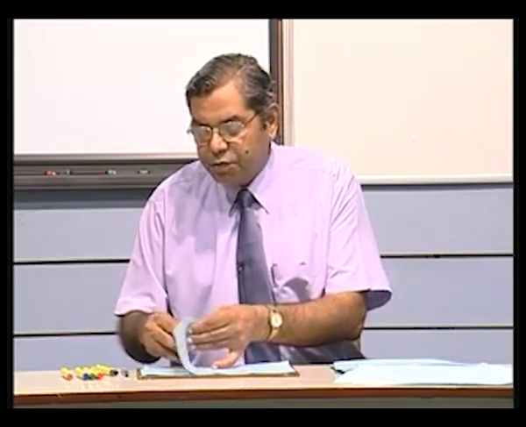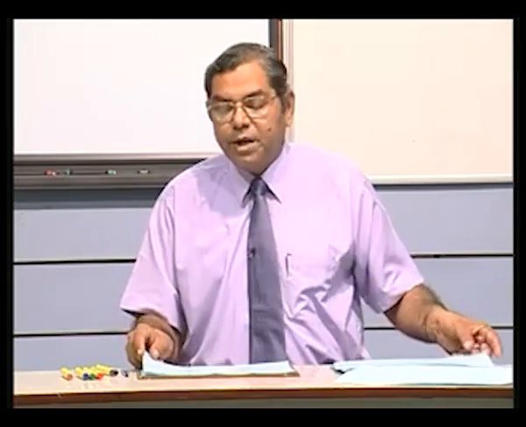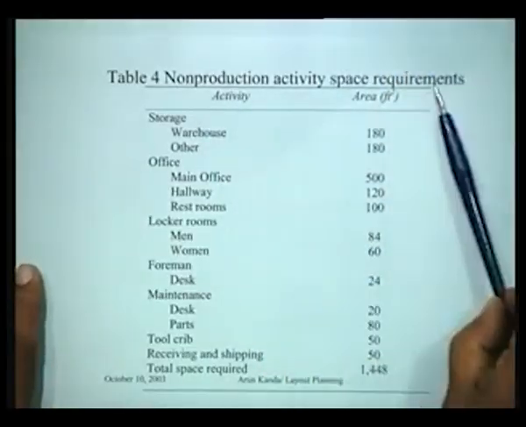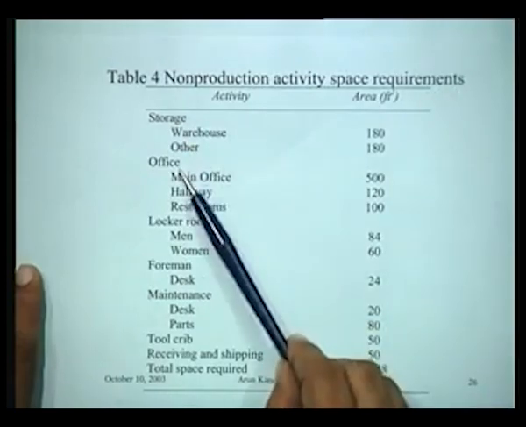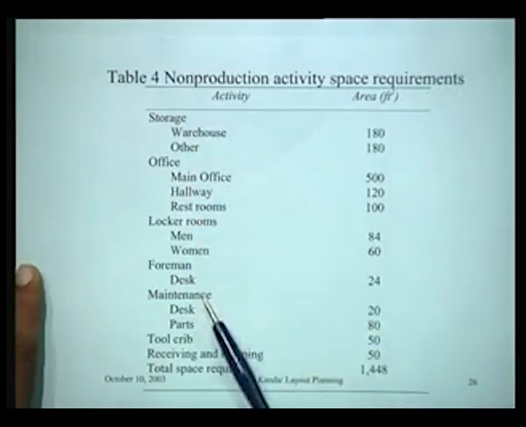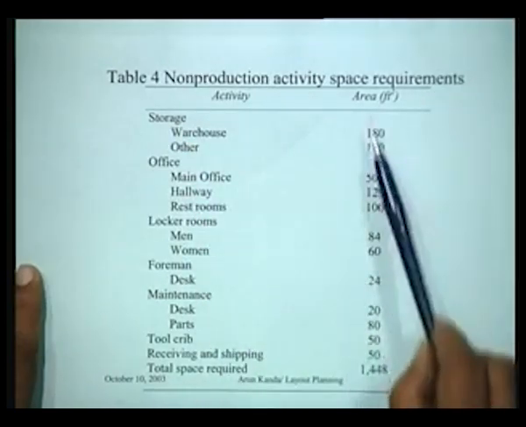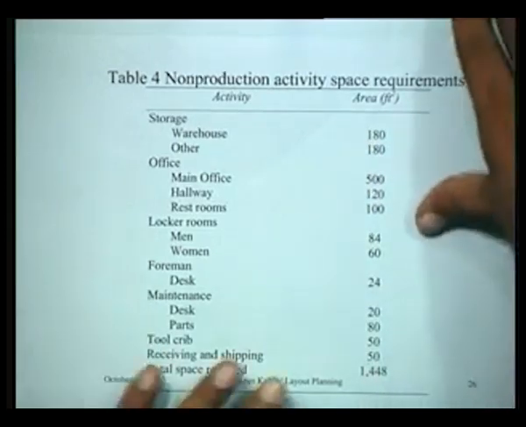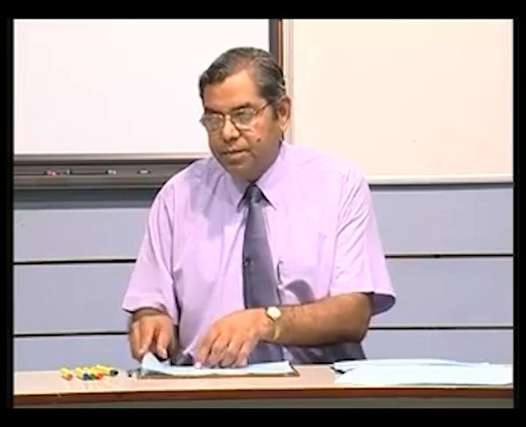So we have so far not considered non-productive activity space. This was only production space. So you will have to add the requirements of the non-production activity space for storage, office, locker rooms, foreman, maintenance, tool crib, and so on. And this total area comes out to 1448 square feet in addition to the one that we already had.